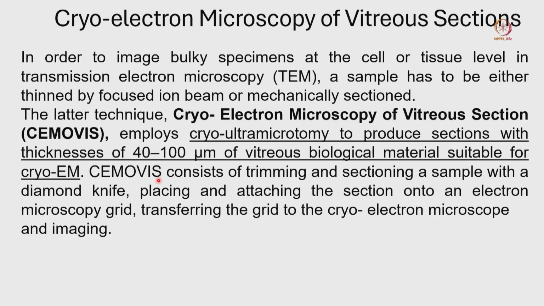CMOVIS consists of trimming and sectioning of the sample with a diamond knife or maybe a glass knife, placing and attaching the section onto an electron microscopy grid, and transferring the grid to the cryo-electron microscope for imaging.